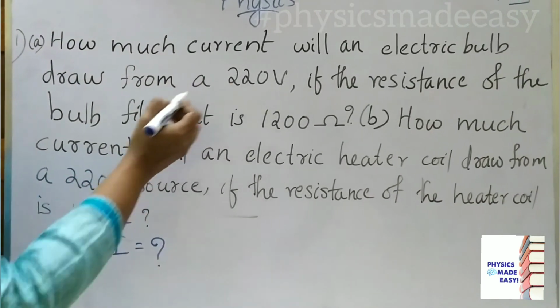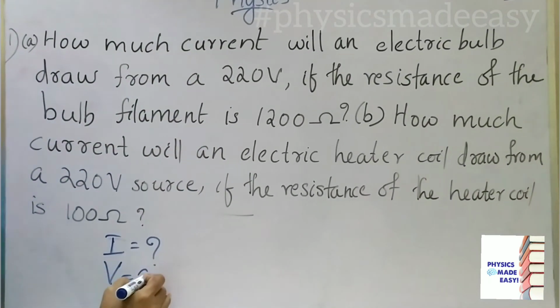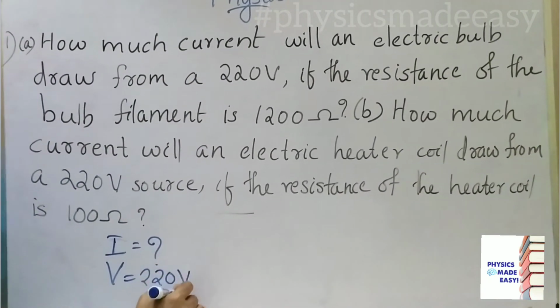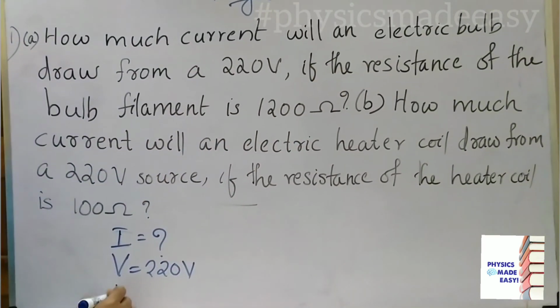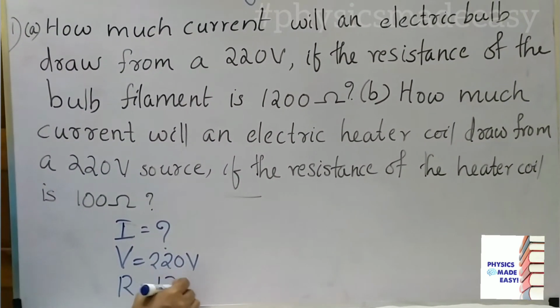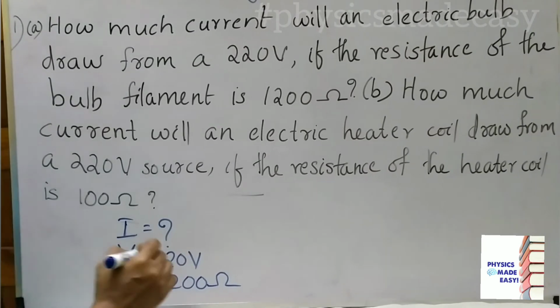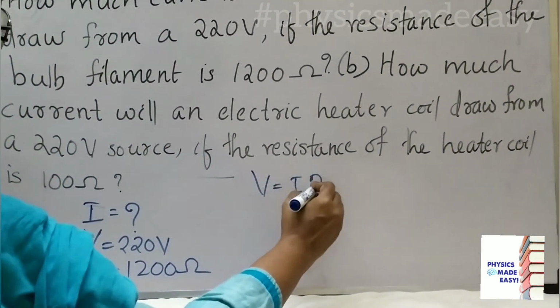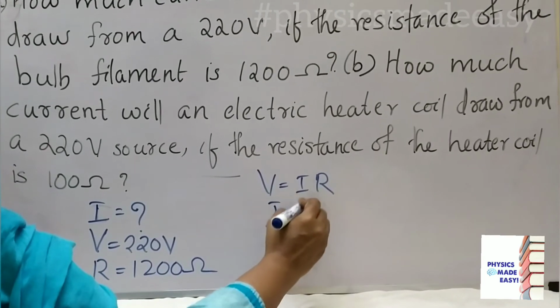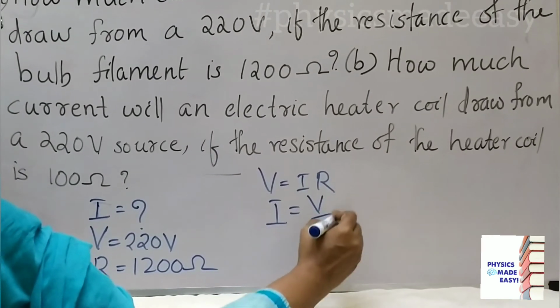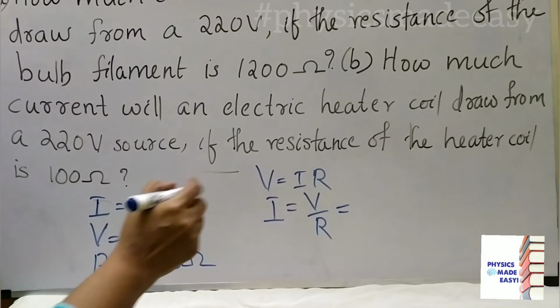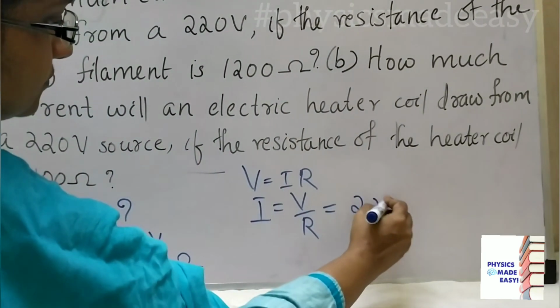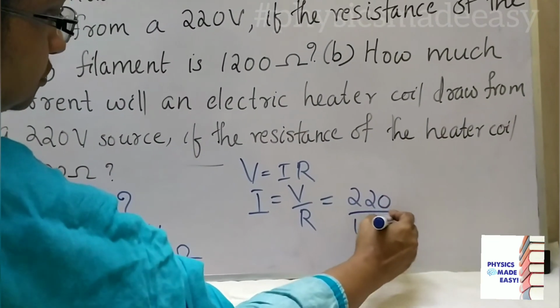Here the potential difference is 220 volt and the resistance is given as 1200 ohm. Then how to find the current? We can use Ohm's law. V is equal to IR. I is equal to V divided by R. Here 220 divided by 1200.